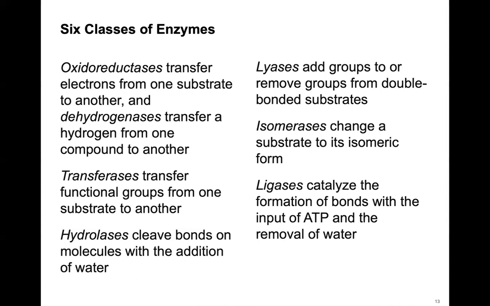Lyases will add groups or remove groups from double-bonded substrates. Isomerases will change a substrate to its isomeric form, and ligases will catalyze the formation of bonds with the input of ATP and the removal of water. And again, these are the 6 different classes of enzymes that we typically see associated with metabolic pathways.